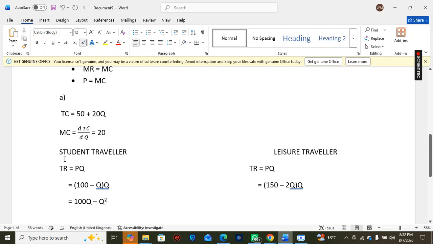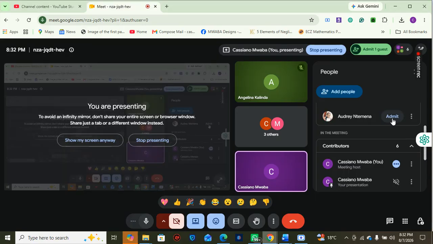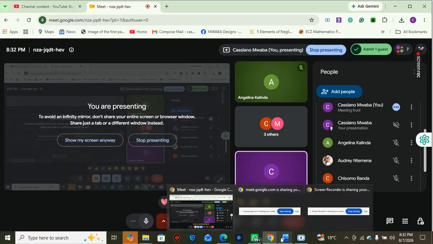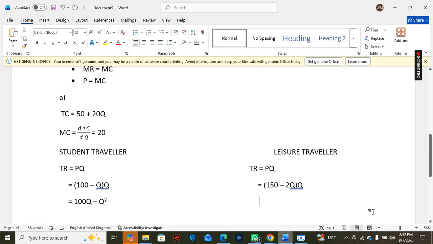This is the total revenue function for the student traveler. And for the leisure traveler, Q multiplied by 150 is 150Q, minus Q multiplied by 2Q, that is 2Q squared.